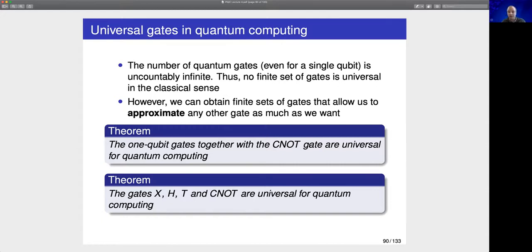So when we have an n-qubit system, in principle, we have to use matrices of size 2^n times 2^n. But we can decompose these matrices by means of the unitary transformations for 1 qubit and 2 qubits that we have already studied. This is what we call universality of sets of gates.